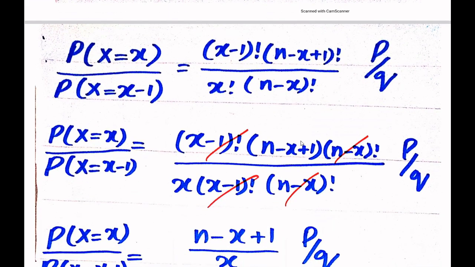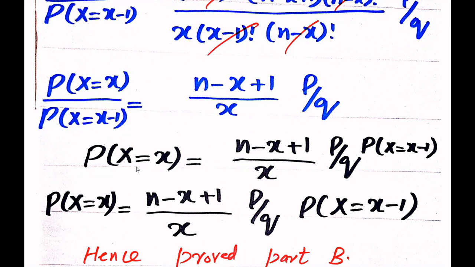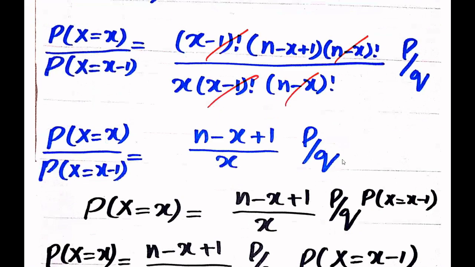Again elaborate this: (n minus x plus 1) factorial we write as (n minus x plus 1) times (n minus x) factorial. Cancel this term with this term, and (x minus 1) factorial with this. We are left with (n minus x plus 1) over x times p over q. So we write probability of capital X is equal to small x equals (n minus x plus 1) over x times p over q times probability of X equal to x minus 1. By cross multiplication we have this, hence we proved.